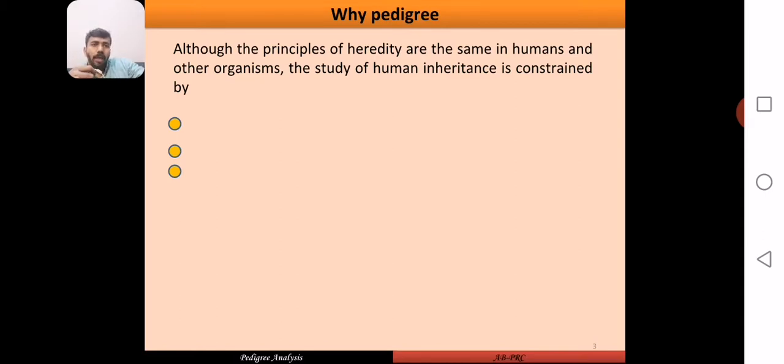So in humans, all those things are not possible usually. Why we use pedigree in humans is because in humans it's unable to control genetic process, right? And normally we know that in human beings we cannot simply go for an experimental cross.